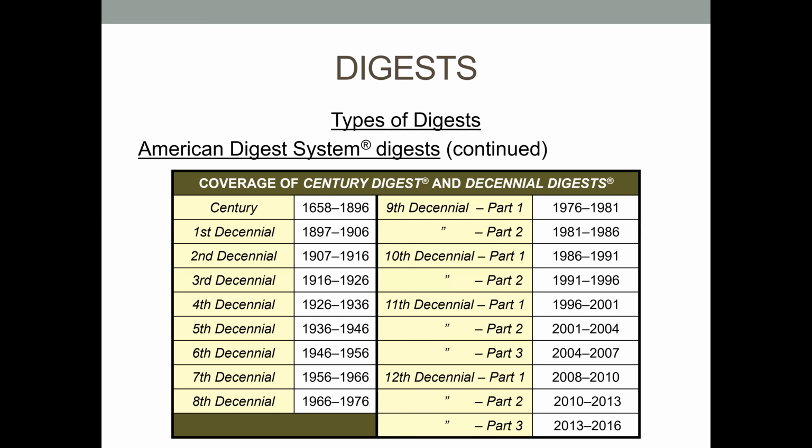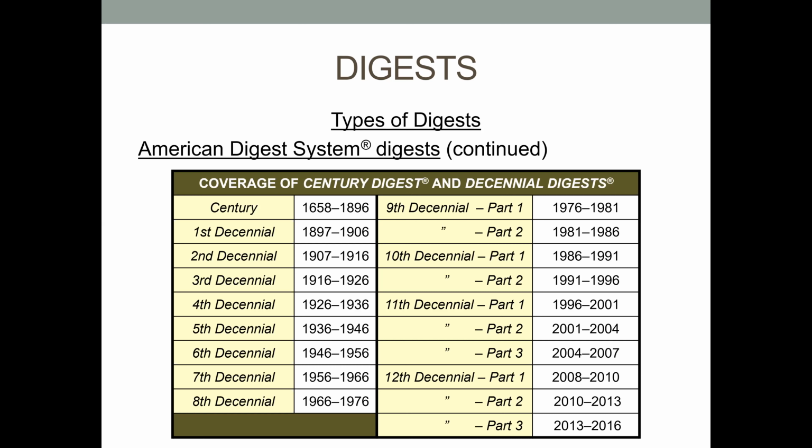Now, just for your information, here's a chart that illustrates the coverage of the Century Digest, which we've already seen is 1658 to 1896, and the decennial digests that have been issued all the way up covering cases through 2016. The first decennial digest covered abstracts from cases from 1897 to 1906. The second decennial covered abstracts from cases from 1907 through 1916, and so forth.